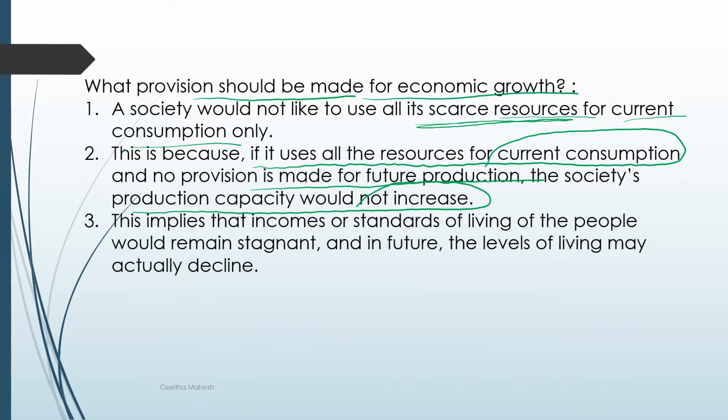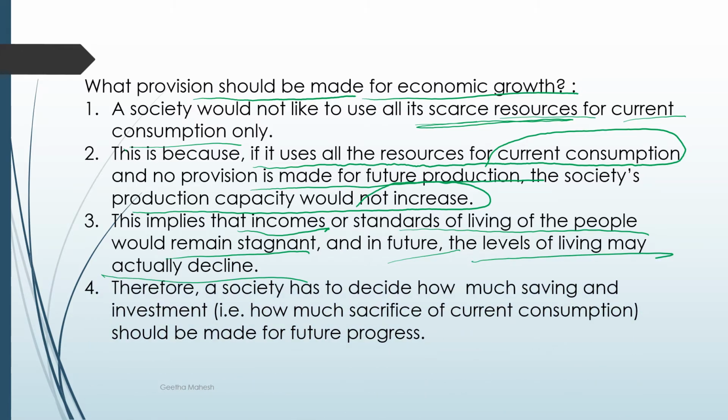This implies that incomes or standard of living of the people would remain stagnant, or in future the levels of living may actually decline. Therefore, society has to decide how much they have to save and how much they have to invest. That is nothing but how much sacrifice of current consumption should be made for future progress.